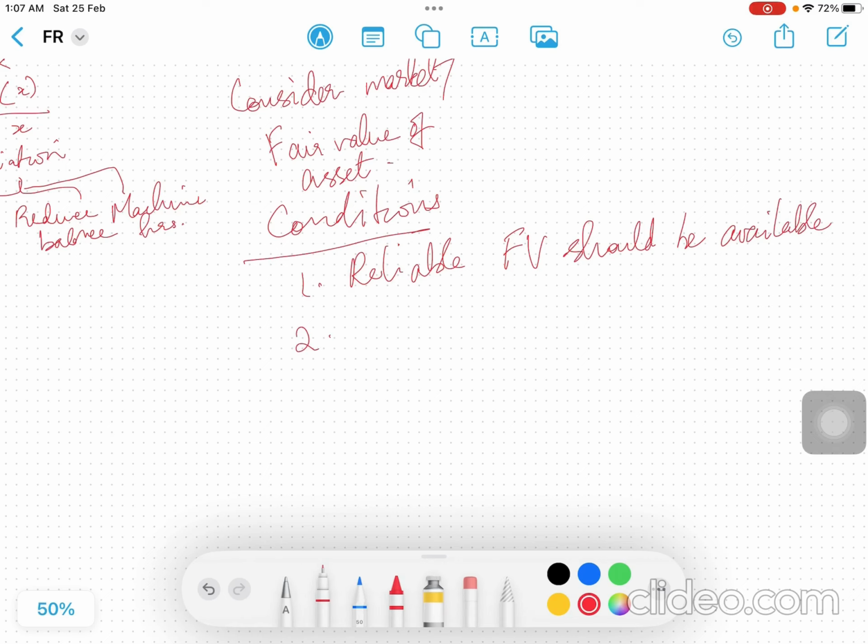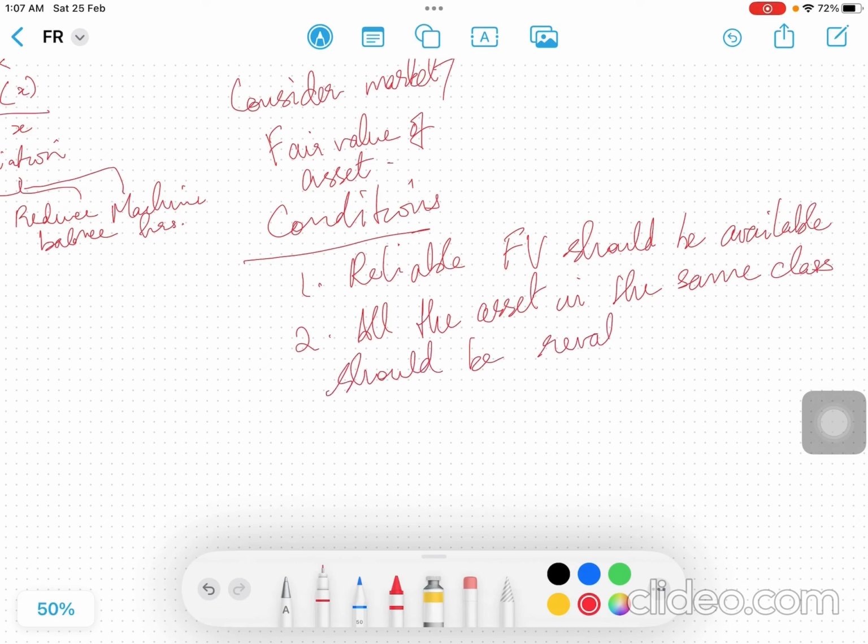Second, if you have grouped one asset to be measured under the revaluation model, then all the other assets in that very group should be measured under the revaluation model only. You can't have two choices for the same group of assets. So all the assets in the same class should be revalued at the same date using the same measurement model.